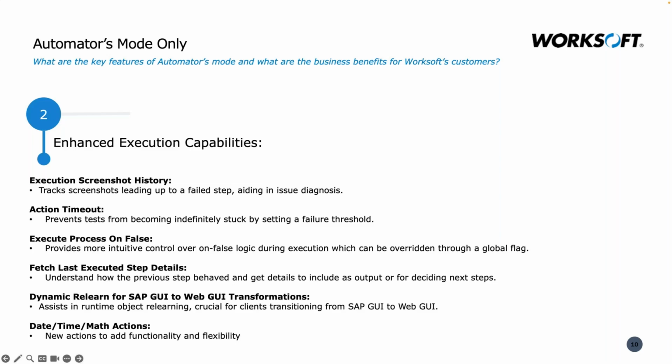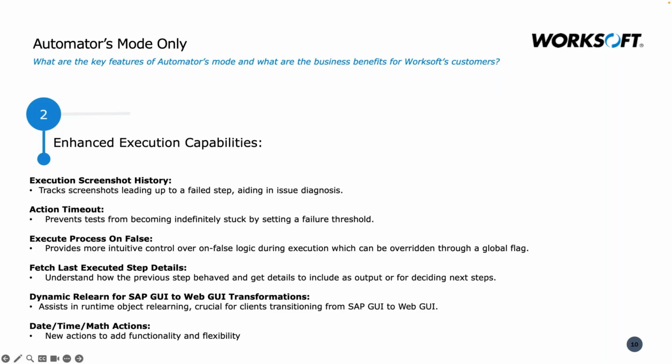We think it's going to be mostly useful for those customers that are going through an ECC to S4 transition where they're doing a lift and shift. And when they get to S4, they want to be in a browser, right? So as part of that, all of the SAP GUI tests that you have can still run against an S4 system.